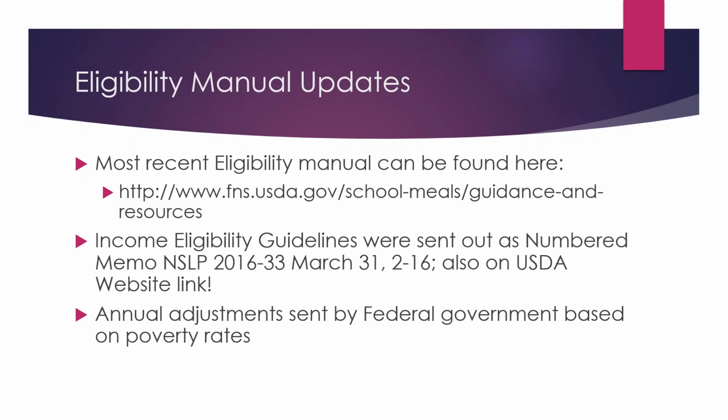They were also sent out as a numbered memo, NSLP 2016-33, on March 31st. They're also found on the USDA website link. So these are annual adjustments sent by the federal government based on poverty rates. These are the two pieces of information that are critical in processing free and reduced price meal benefits.